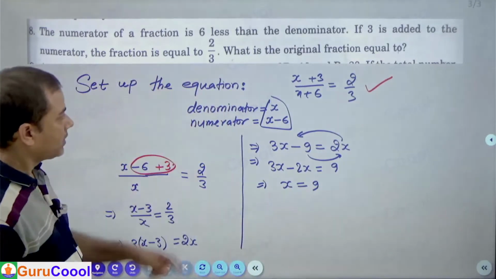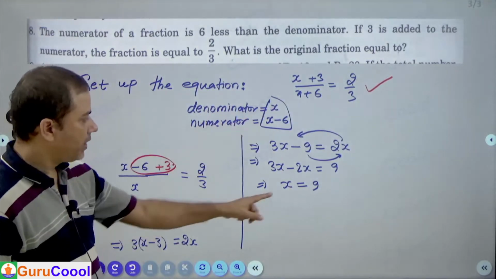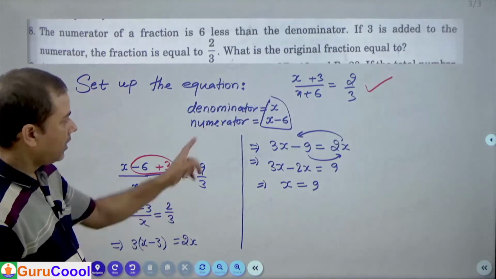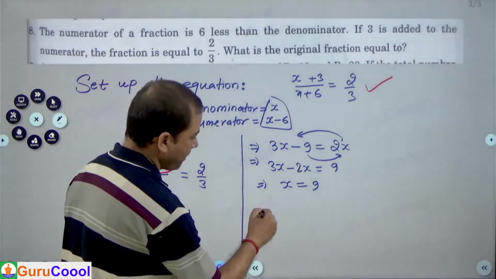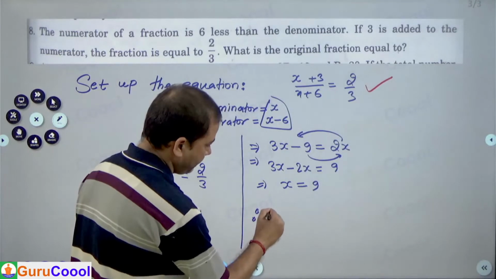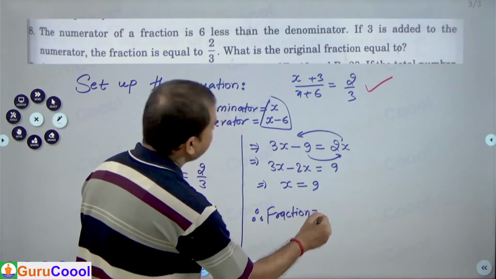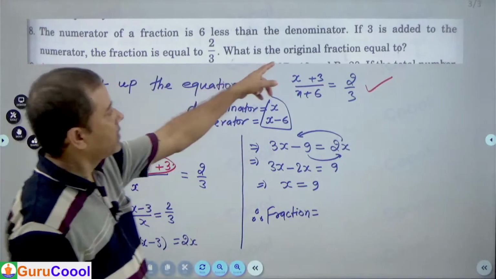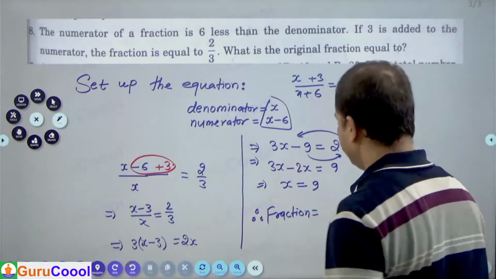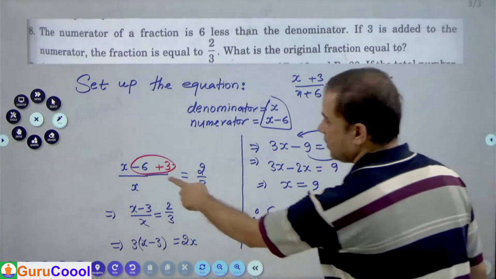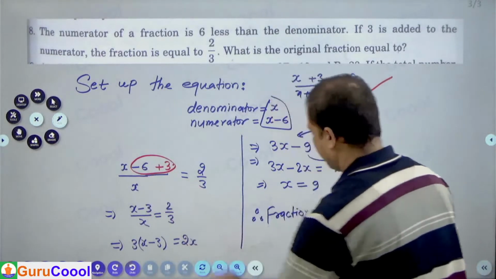What was x? X was denominator. So we get denominator here 9. And then what is numerator? Let us find fraction directly. It is telling what is the original fraction. Original fraction was this, x minus 6 by x.